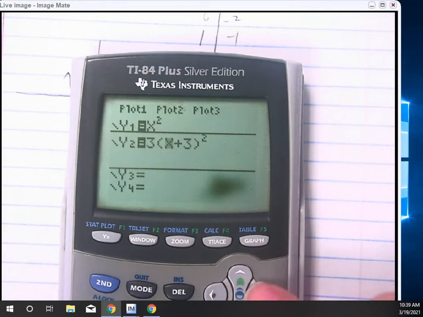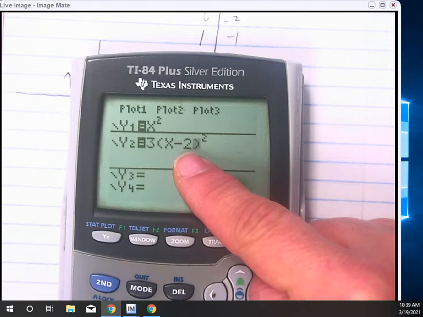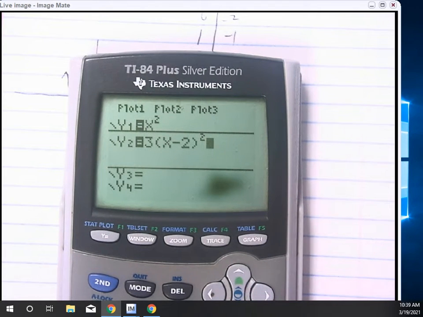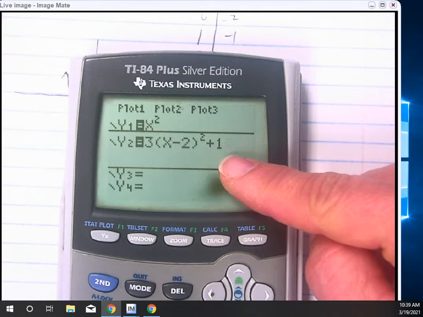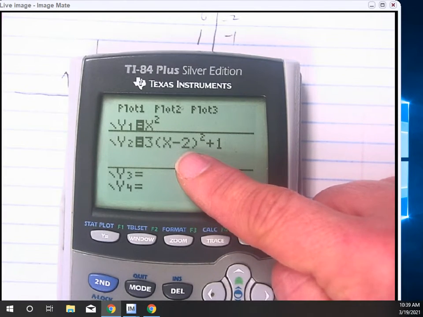If I have an x minus 2, what does the negative 2 do to my parabola? It moved it to the right 2 units. And then if I stick a plus 1 out here, what does that plus 1 do? That's the one that moves it up 1. Now, the 2 affects the x values.